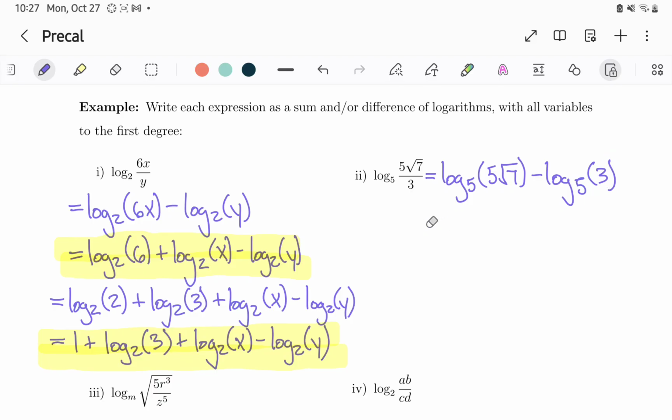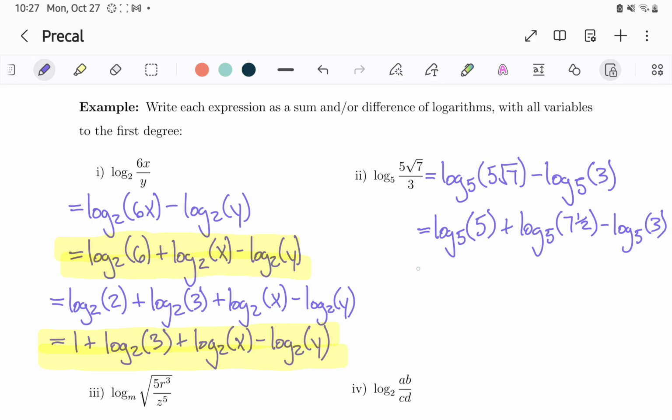Then we can use the product property to break up log base 5 of 5 times square root of 7 as log base 5 of 5 plus log base 5 of square root of 7, which by the way is the same as 7 to the 1/2. And then we still have minus log base 5 of 3.